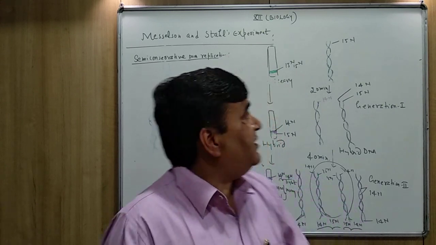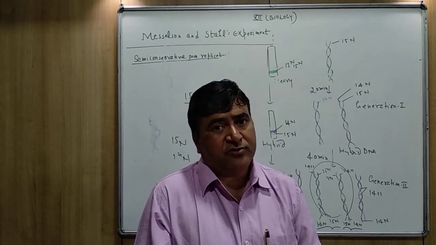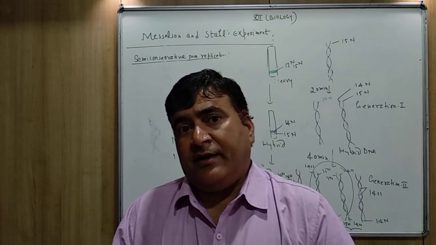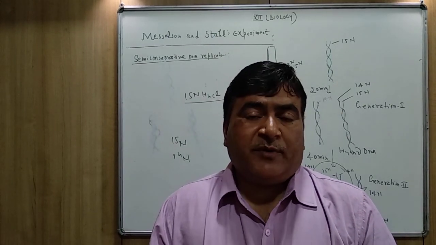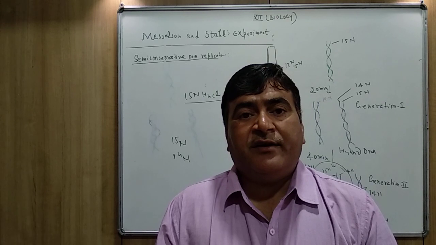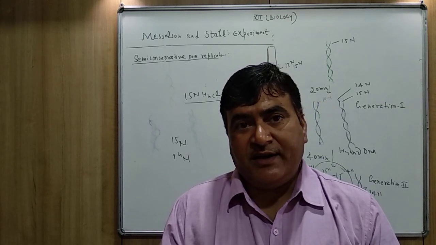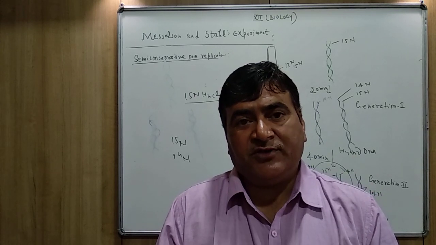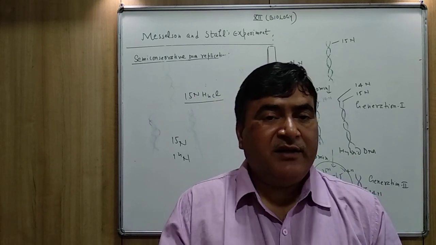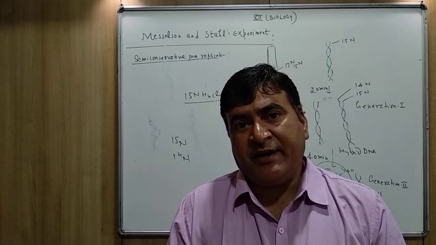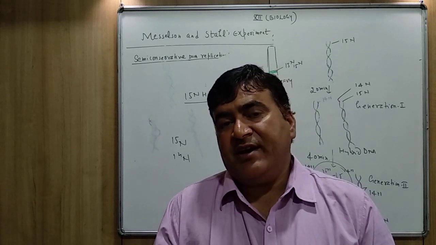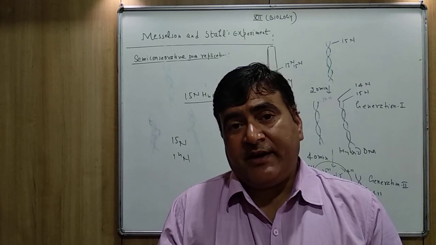When he added the 15N isotope of the nitrogen, all the parental DNA and even the newly synthesized DNA in that particular culture medium were retained by the 15N isotope.